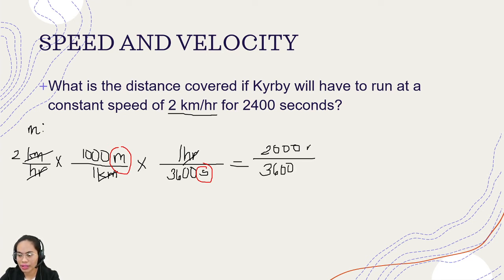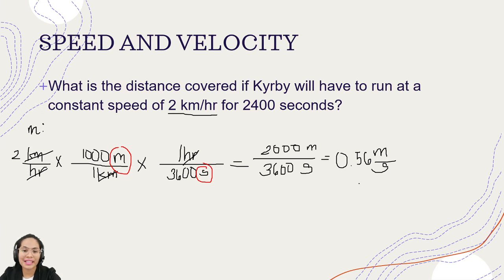So 2,000 meters divided by 3,600. Ilan kaya yan? Pwede pang i-round off or i-simplify. 2,000 divided by 3,600 is 0.56 meters per second.